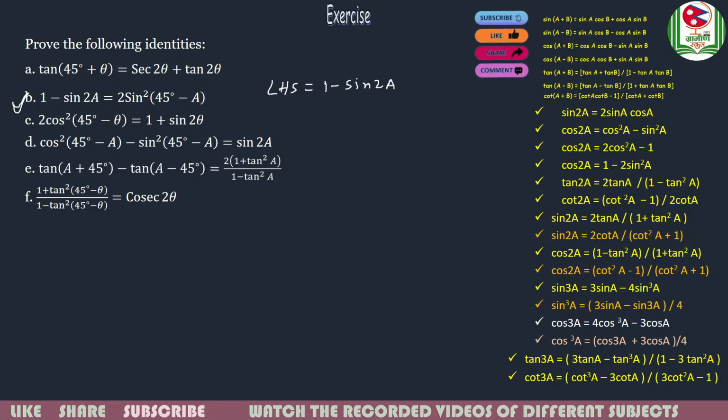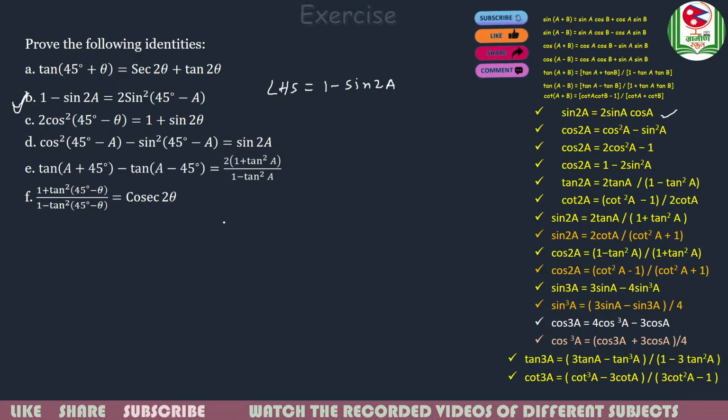So how will we prove it? Do you have any idea? We can simply change this sin into sin 2a. We don't have any formula regarding sin square with respect to sin 2a, because we have only sin 2a equals 2 sin a cos a.